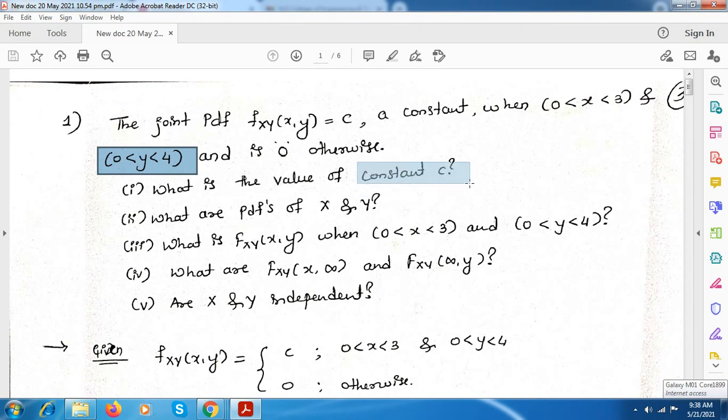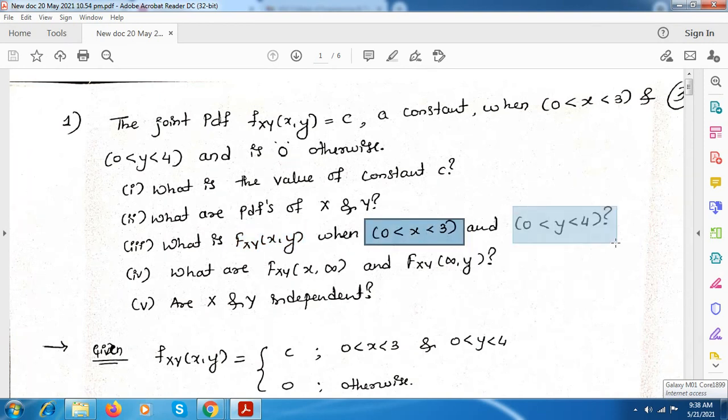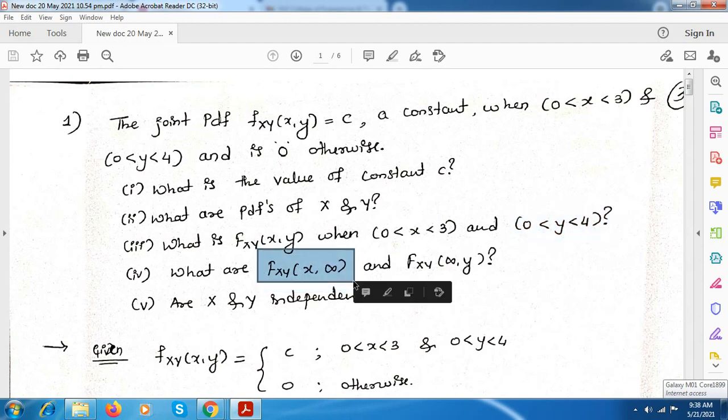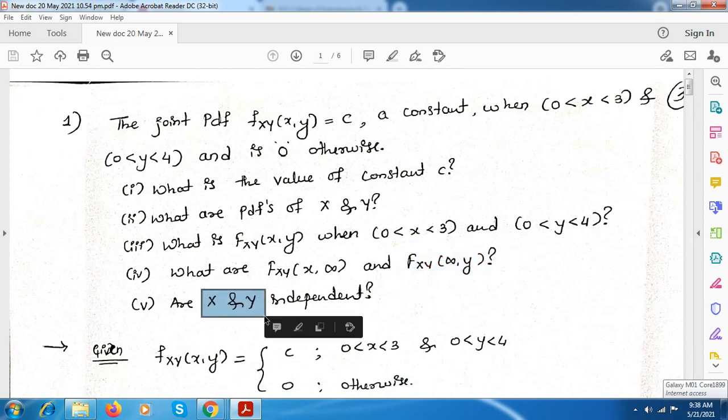First, the value of c we have to find out, which we have already seen, and then calculate the marginal PDFs of x and y, that is fX(x) and fY(y), and this is the CDF F(x,y), where the range is the same, that is for x it is from 0 to 3, and for y it is from 0 to 4. And here, once y is kept as infinity for the CDF, and here x is kept as infinity for the CDF, you have to find both the CDFs and then find whether x and y are independent.